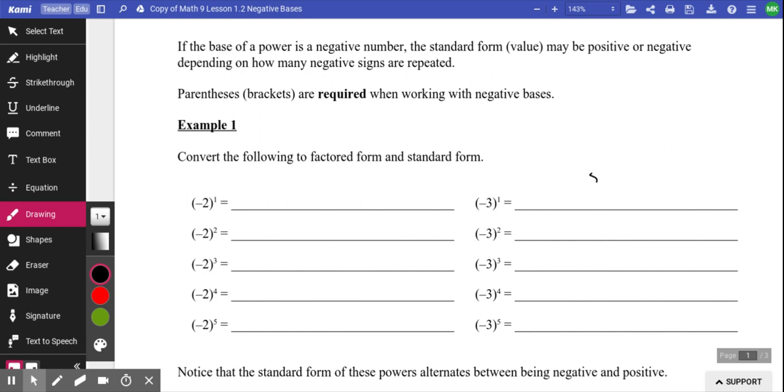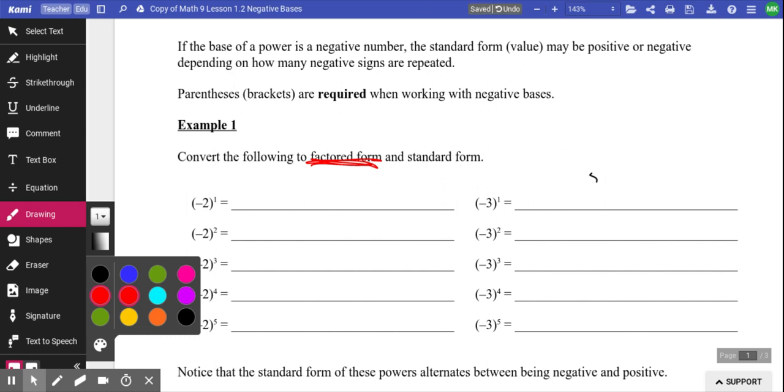The first thing we're going to do is convert things into factored form. Factored form means like this one up on the board where you change the exponent into how many times you want to multiply something. So if you look at the first question, it says -2 is the base to the power of 1.